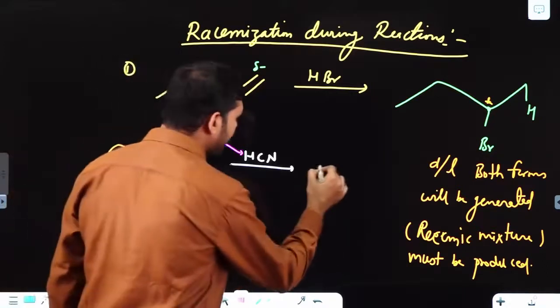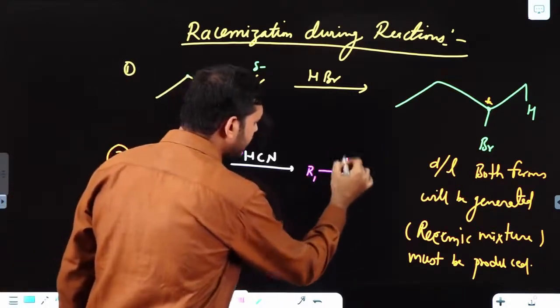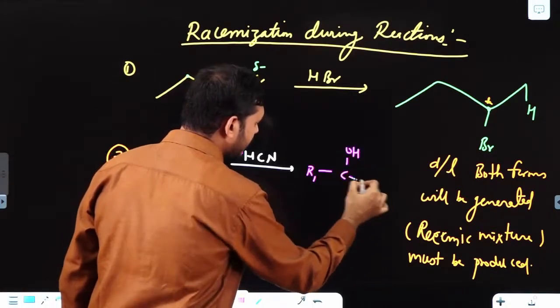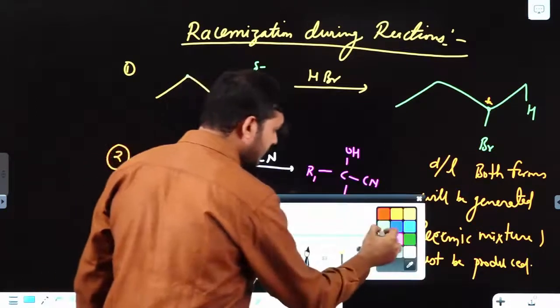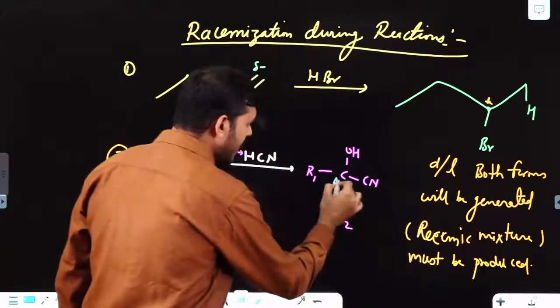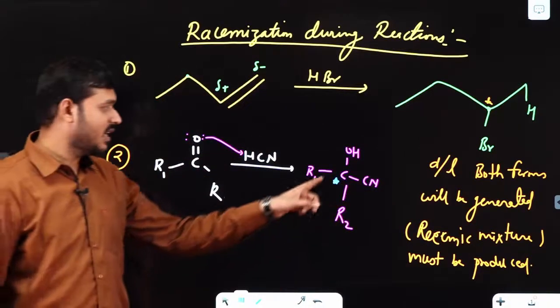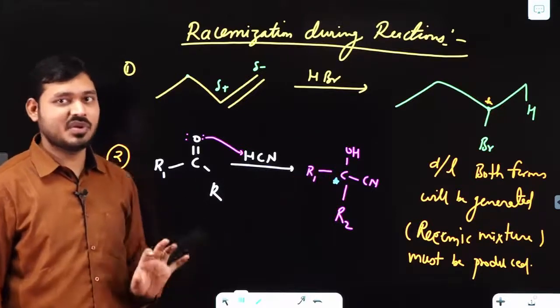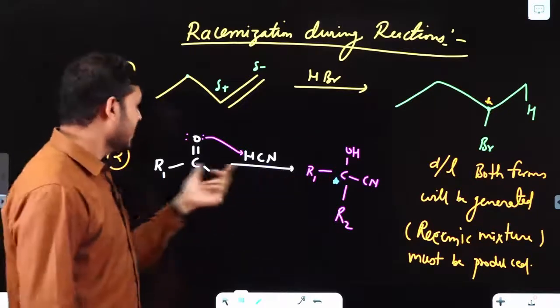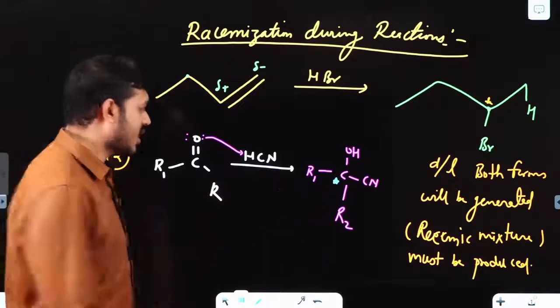So the product formed will be R1, OH, CN, R2. We can see here that this carbon is generated as a chiral center. Clear to you all? So here also in this reaction, racemization occurs.